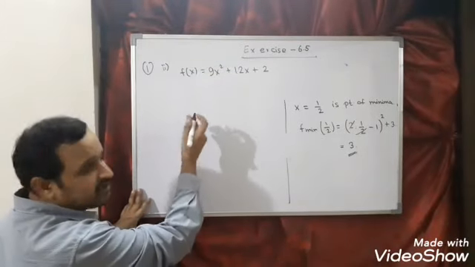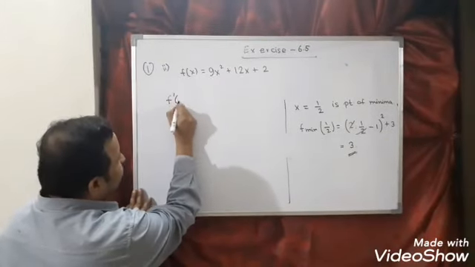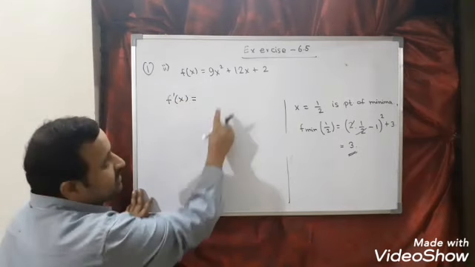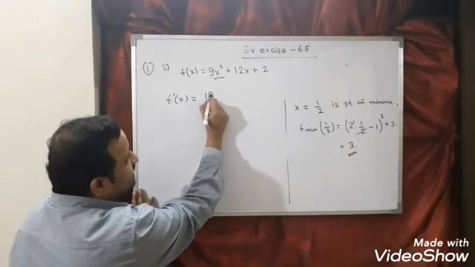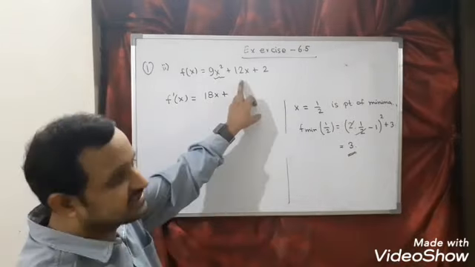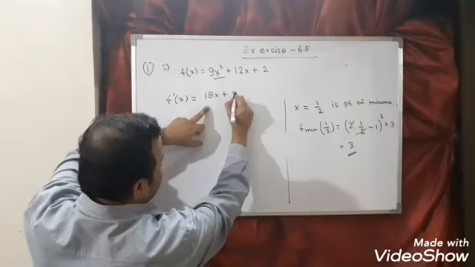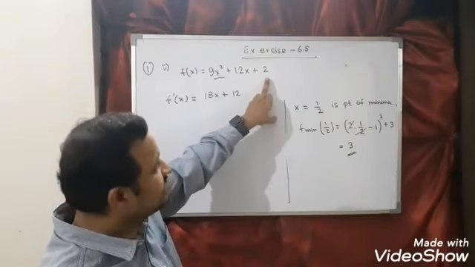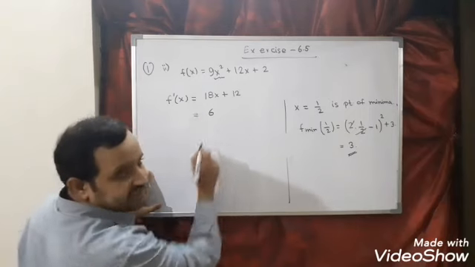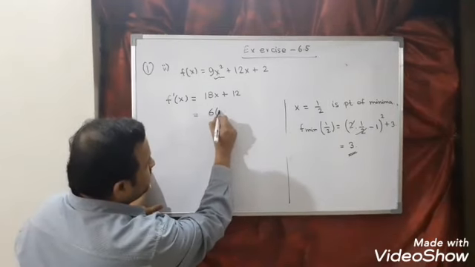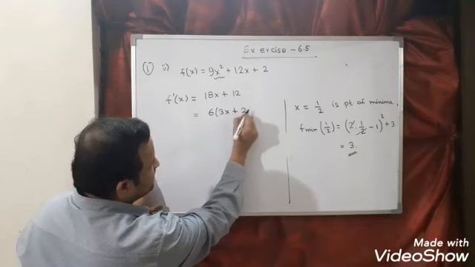So the first step is find f dash x. F dash x is equal to, x square differentiation is 2x, so you will get 18x plus the differentiation of 12x, which is 12. Since 2 is constant, its differentiation is 0. I think we can take 6 common, so when you take 6 common, you will get 3x plus 2.